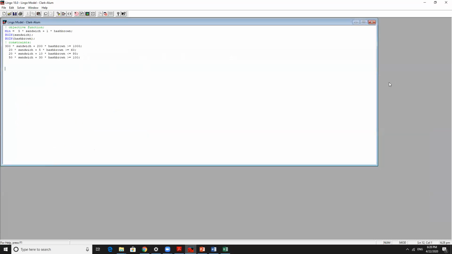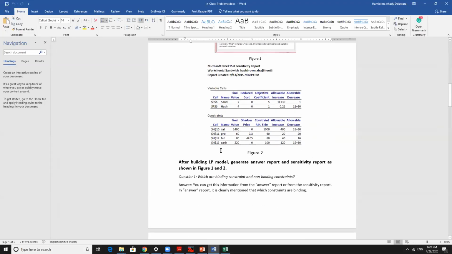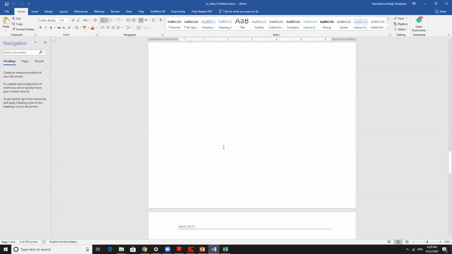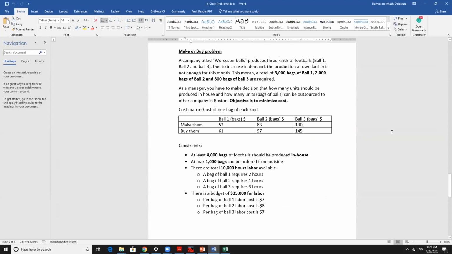So let's go to the second problem, about the make or buy problem. A company titled Worcester Balls produces 3 kinds of footballs: ball 1, ball 2, ball 3.